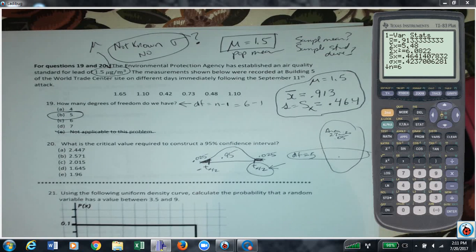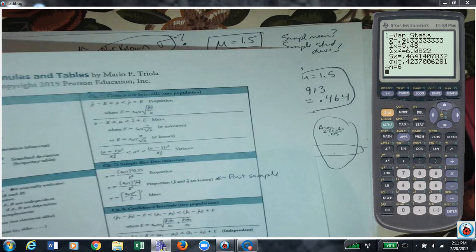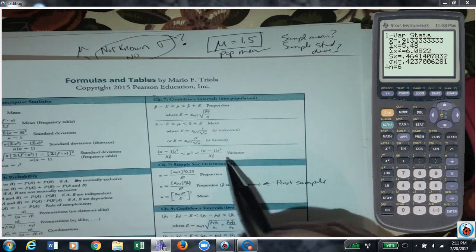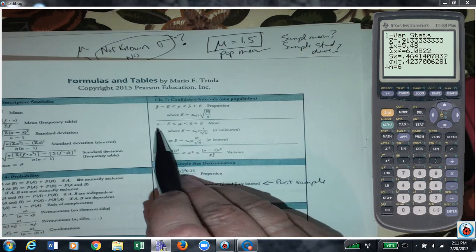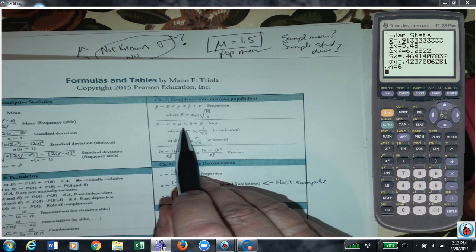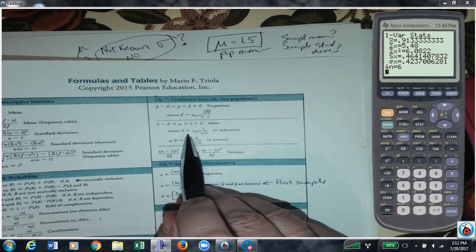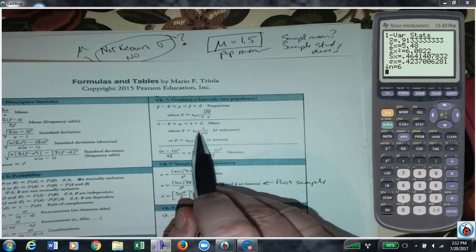Now, if I'd gone on to do a confidence interval, then using the chart, I would have to know the sample mean, and I would have to know the sample standard deviation. For this test, that wasn't asked in that question, but they could have asked you what the margin of error is going to be.